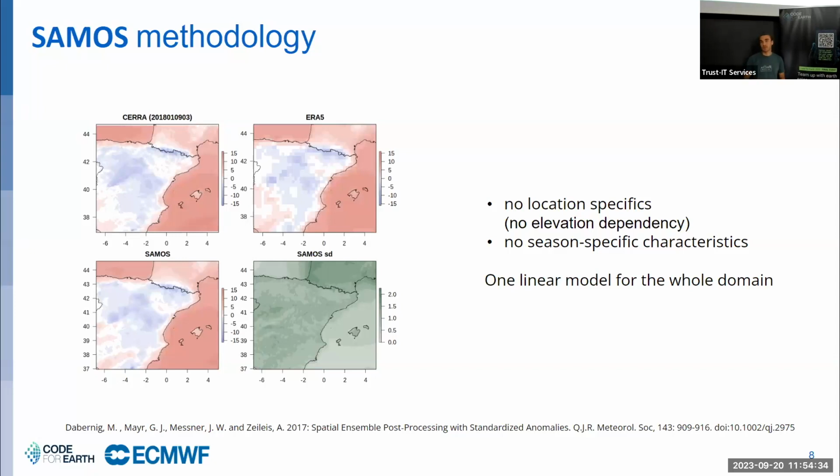And we also remove season-specific characteristics by using standardized anomalies, and therefore it's possible to fit one statistical model for the whole research domain. As you see, we didn't aim for all of Europe, but we rather selected one case study region, one start region, which can be seen here, which is somewhere in Spain.